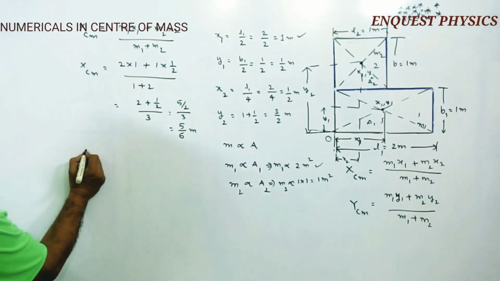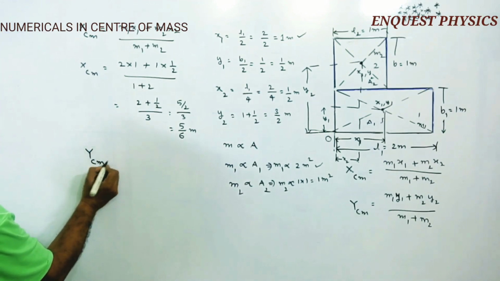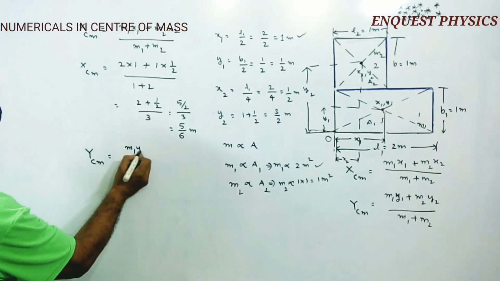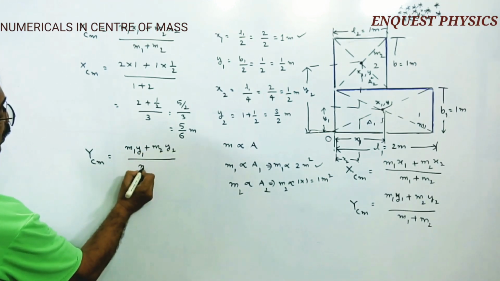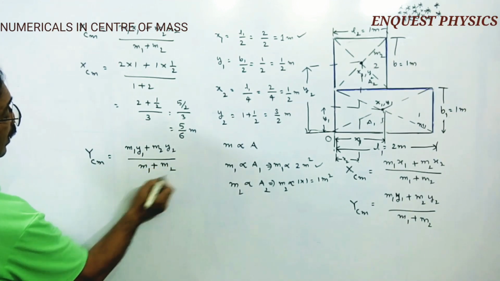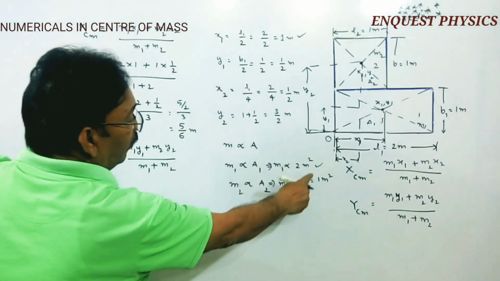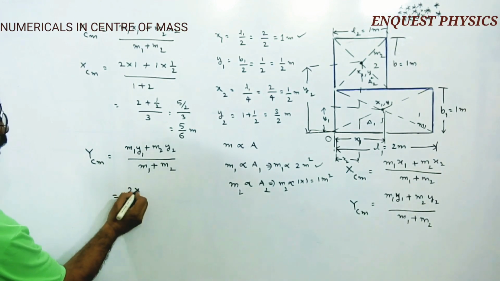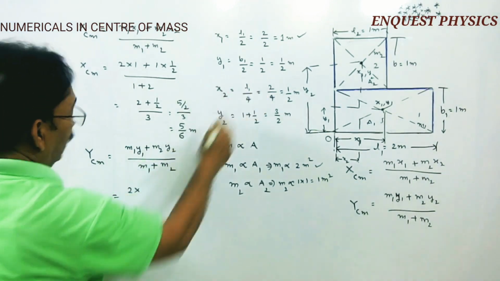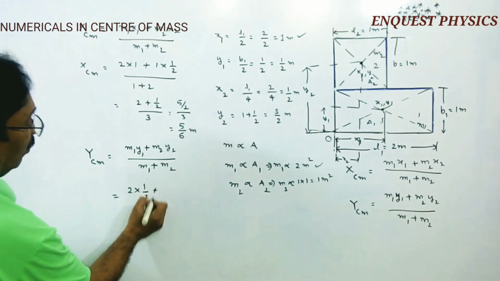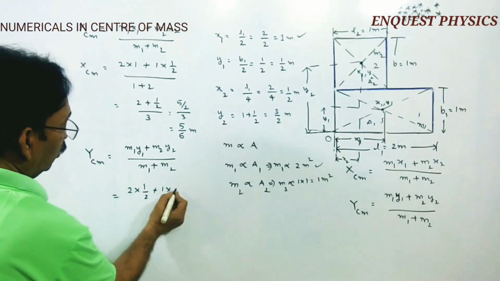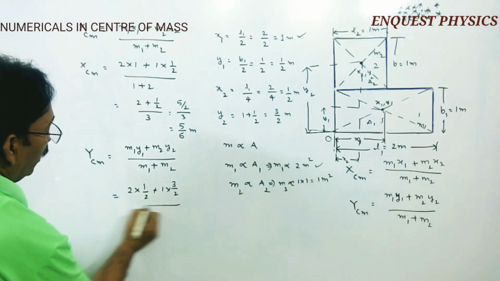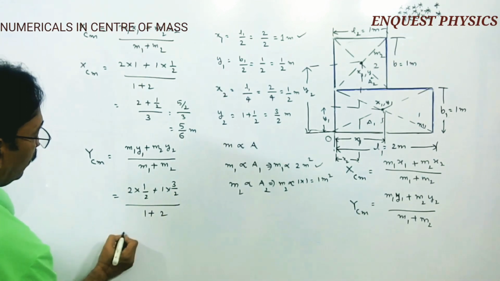And similarly you have to go with the ycm. ycm is equal to m1 y1 plus m2 y2 by m1 plus m2. m1 is 2, y1 we got is 1 by 2, plus m2 which is 1, and y2 is equal to 3 by 2, divided by 1 plus 2.